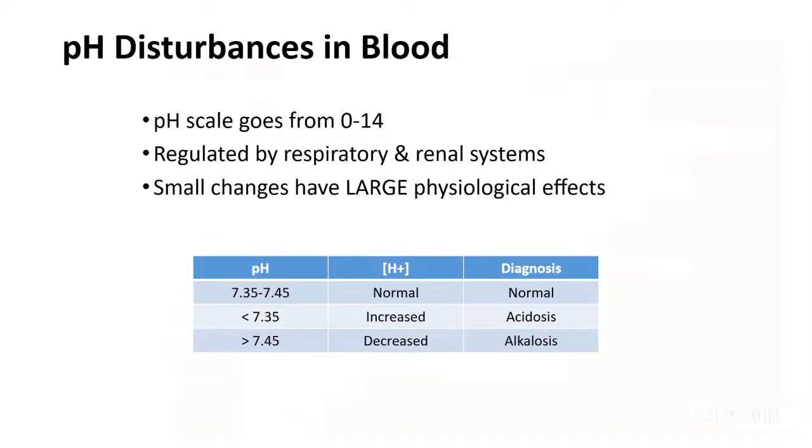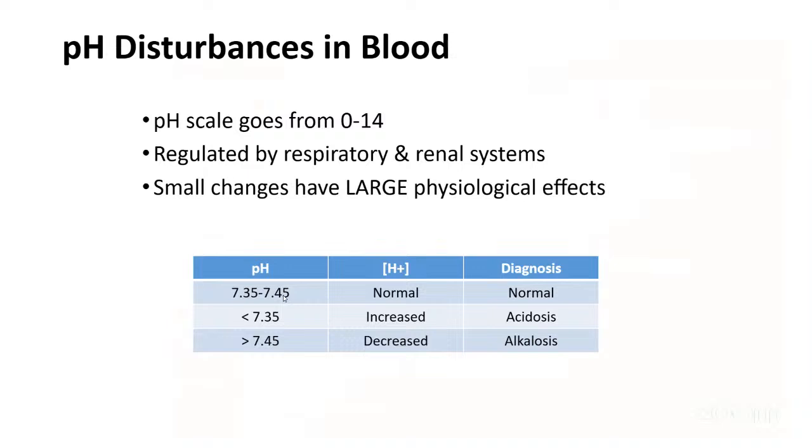So our normal pH that we want is between 7.35 and 7.45. Okay. So technically the H in the pH is for hydrogen ions or protons. Okay, so we'll get to that in a second. But just note that that's on there. So normal, about 7.35 to 7.45. Okay.